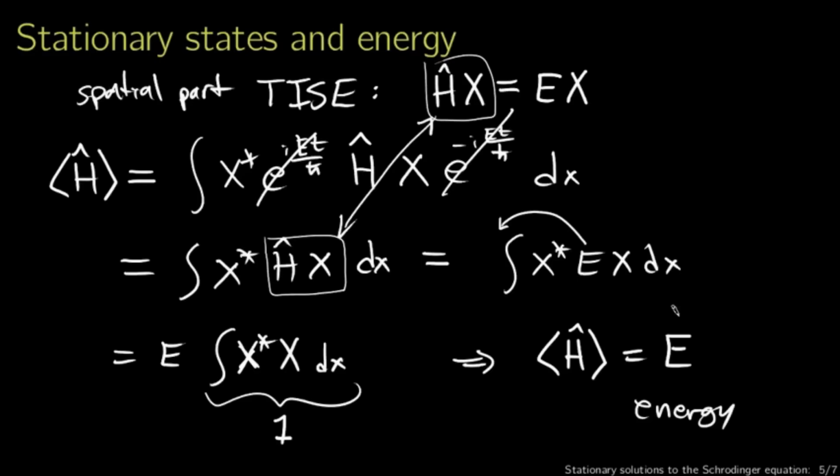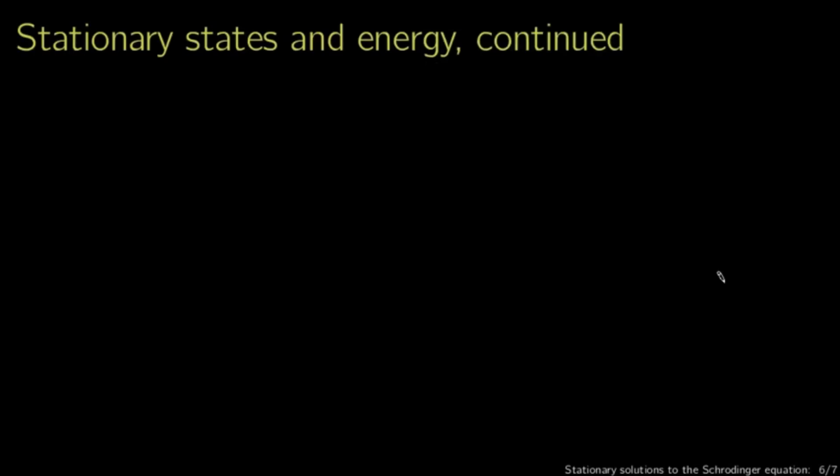Now we know there's some uncertainty in quantum mechanics, so is there uncertainty in our energy? If we actually measure the energy of our wave function, do we ever get E, the separation constant? Well, in order to calculate the uncertainty in something, we need to calculate effectively the standard deviation or the variance. Let's write it as the variance, sigma sub E squared, where E now refers to the energy.